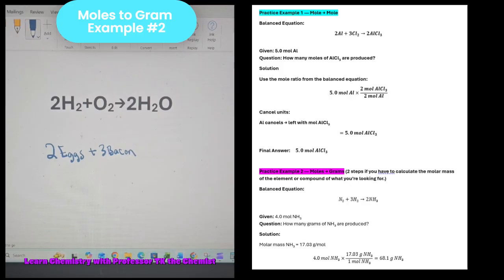Turkey bacon, pork bacon, whatever you eat, all right? 2 eggs, 3 pieces of bacon to give me a sandwich, 1 sandwich. I'm getting ready to flip this recipe so you all can get this.